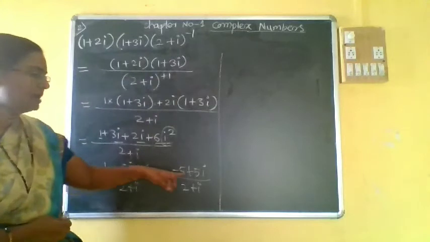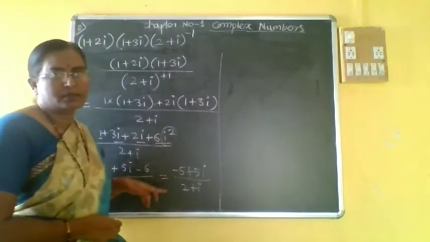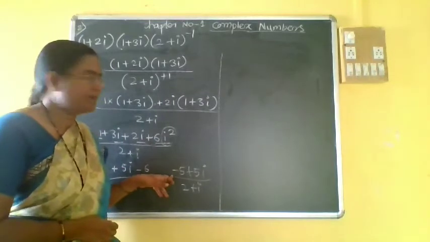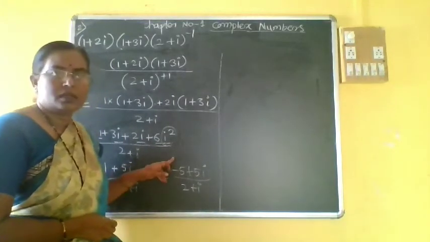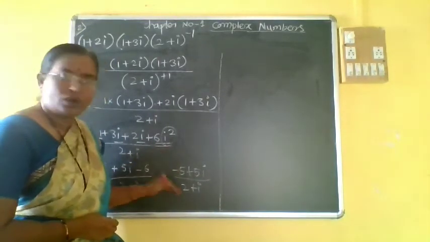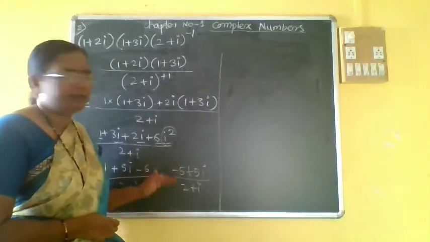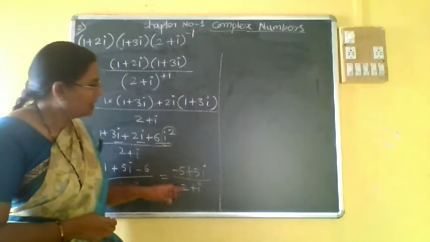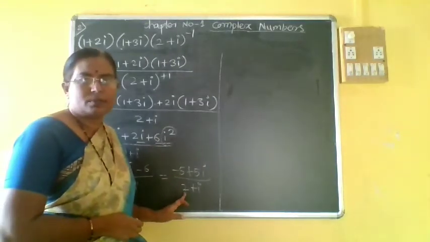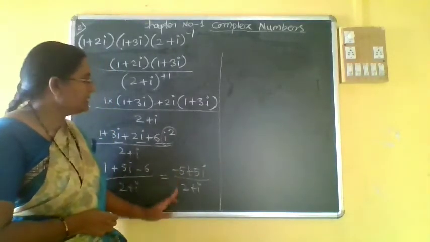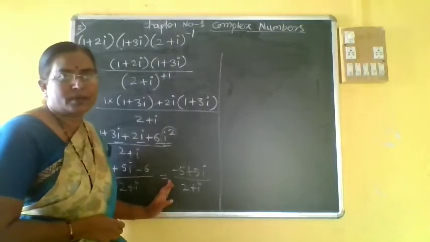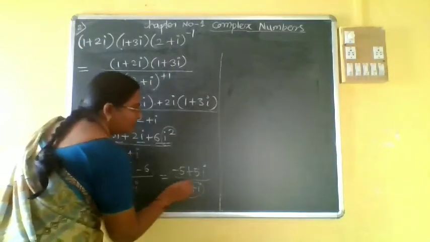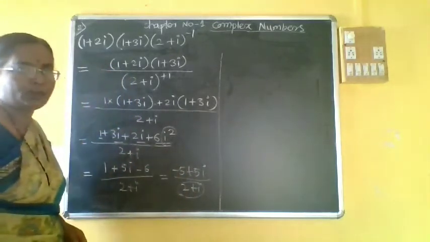Keep as it is, students. This is the quotient of two complex numbers. This number is divided by this number. This is also a complex number, and these two complex numbers are in the format of division. Let us take the complex conjugate of this denominator.